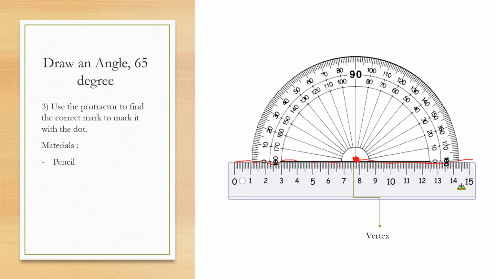The third thing we need to do is we need to use the protractor to find the correct mark and mark it with a dot. So I'm going to be using a pencil. We need to find 65 degrees. We are supposed to use the inner scale or the outer scale. I'm going to use the outer scale. 10, 20, 30, 40, 50, 60.